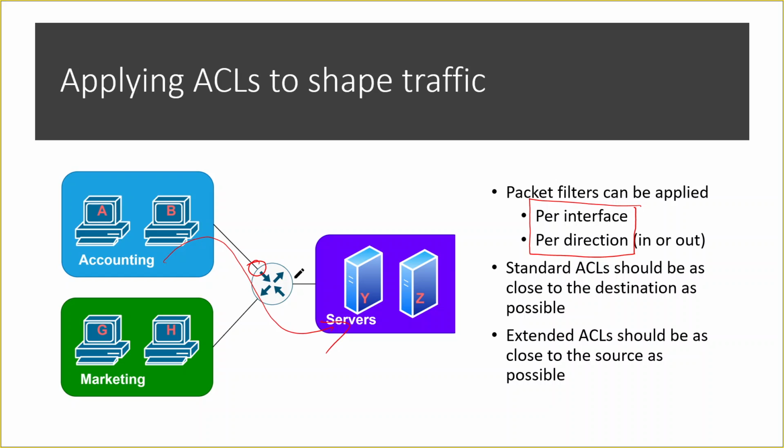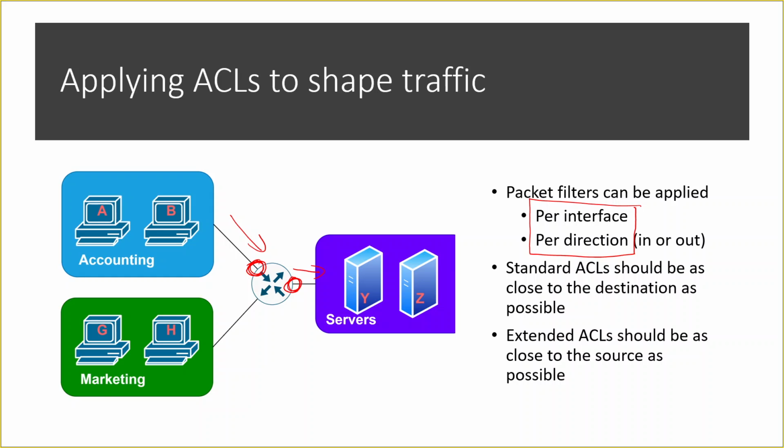I'm going there and there. As the traffic goes that direction on this interface, on the accounting interface, the traffic is considered to be inbound, according to the router. As I hit the second interface, or the server interface, it is then considered to be outbound.